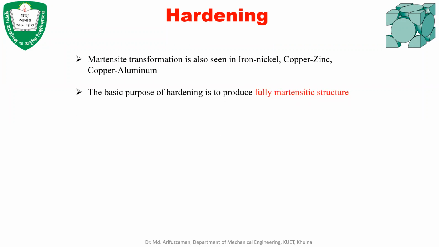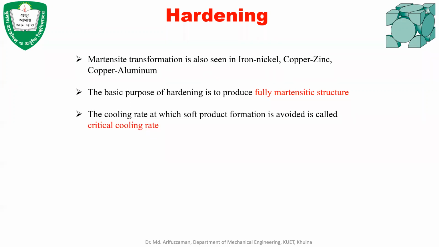The basic purpose of hardening is to obtain the fully martensitic structure, and the cooling rate at which soft product formation is avoided is called the critical cooling rate. That means any cooling rate will not give you a martensitic structure.